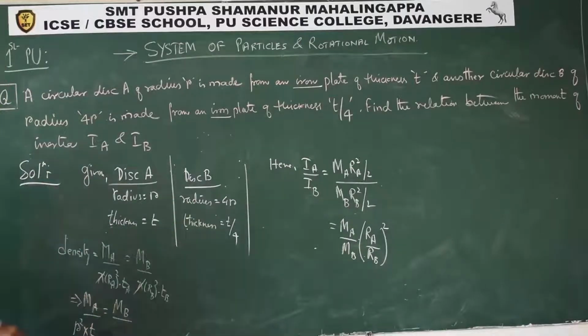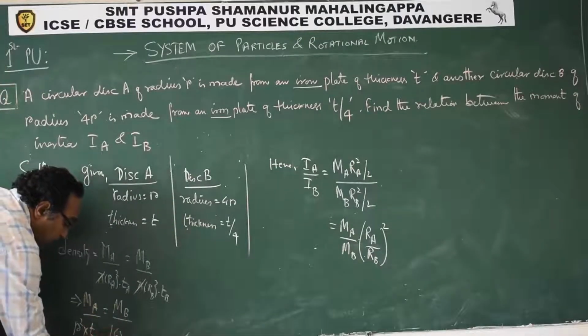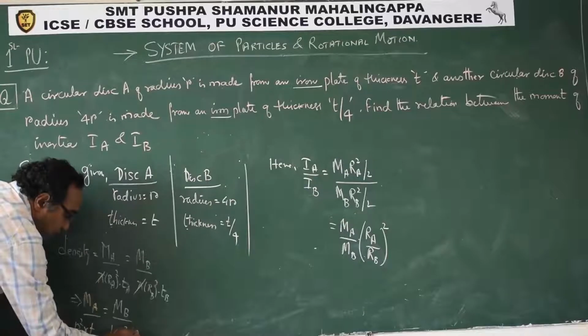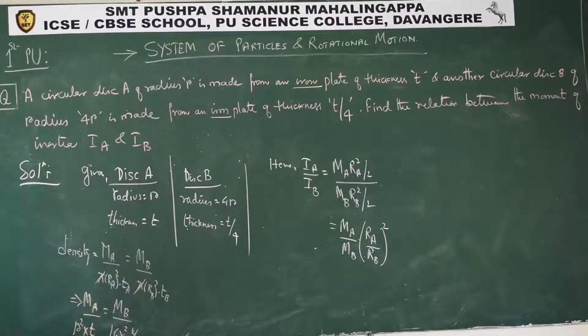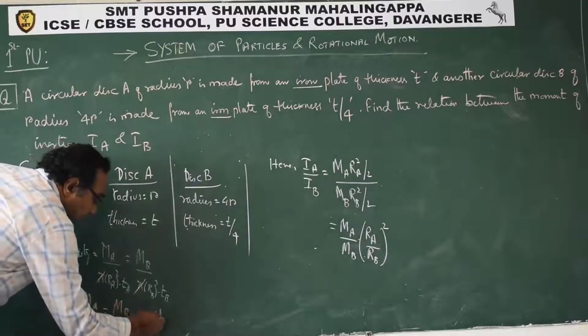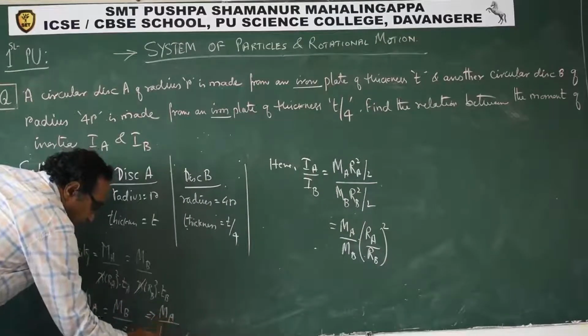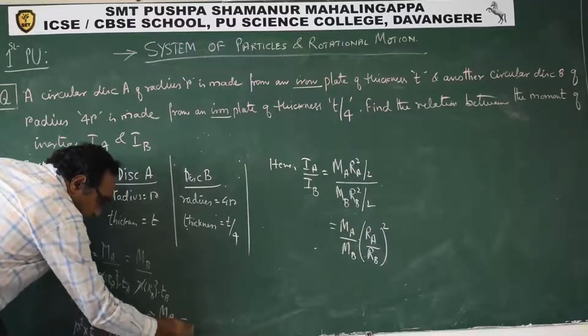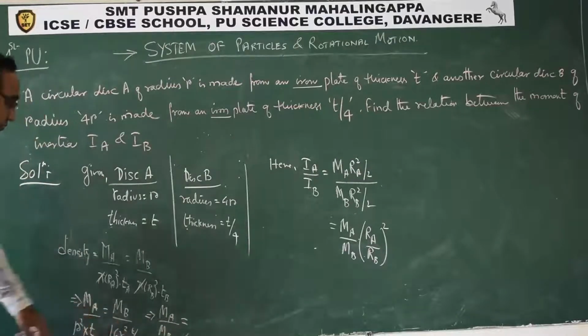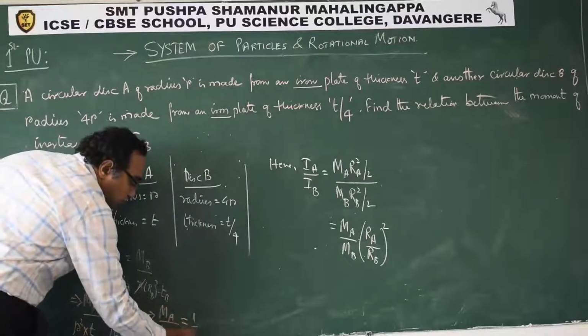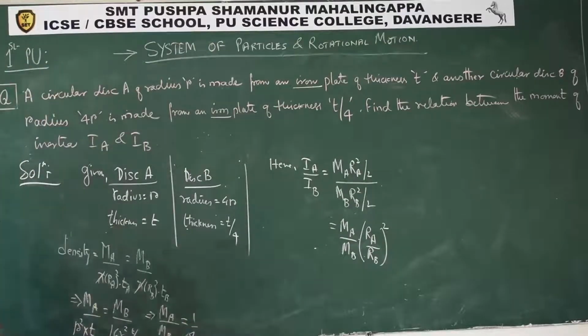So 4r, square of it, so 16r square, and this is t by 4. So r square t cancels out, and we get ma by mb. From this what we can say? ma by mb, r square t cancels out, 4 by 16, so it is 1 by 4. We got the mass relationship.